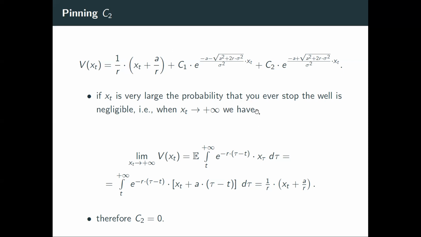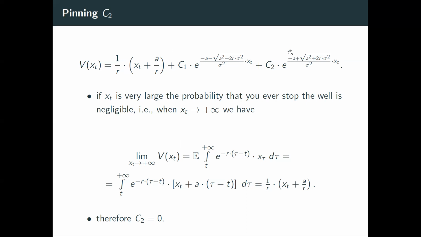Let's take xt being equal to plus infinity and just substitute. When xt is equal to plus infinity, this is a negative number, so it's a negative number in general, so it's minus infinity here. And with minus infinity, this term is 0. So this term is already 0 when xt approaches plus infinity.